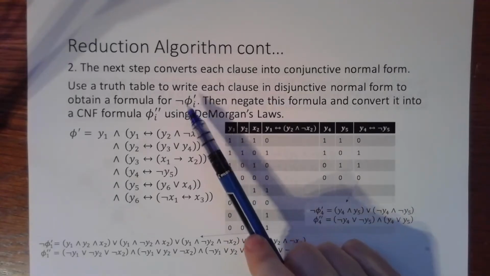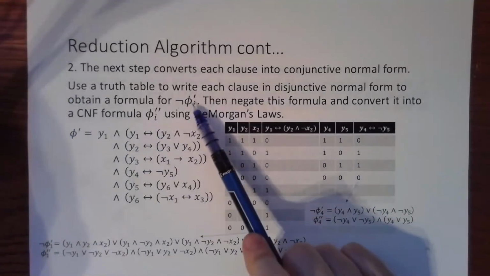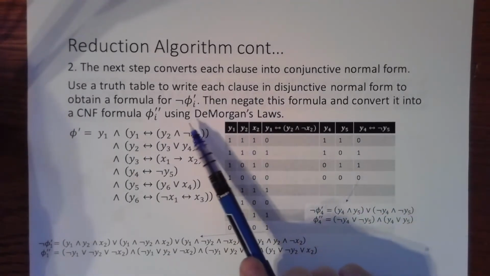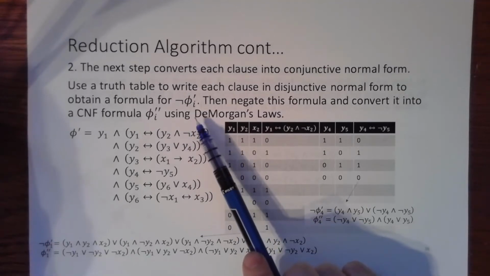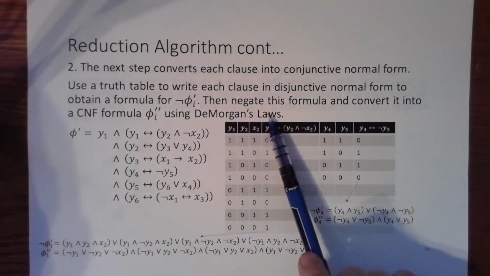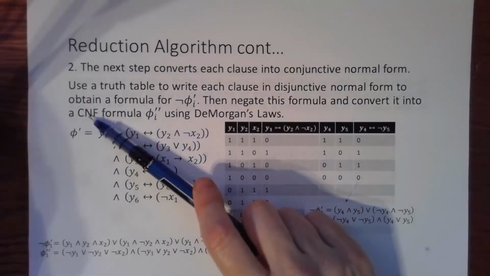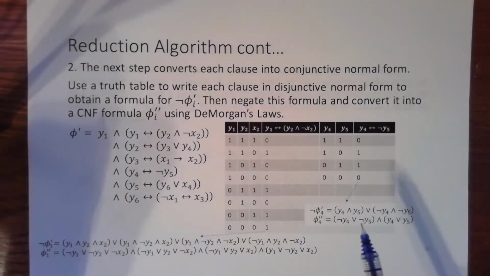Then we're going to negate that to get the actual expression that we want. When we negate that, we'll use De Morgan's law, and it'll go from disjunctive normal form into conjunctive normal form. So let's look at how that works.